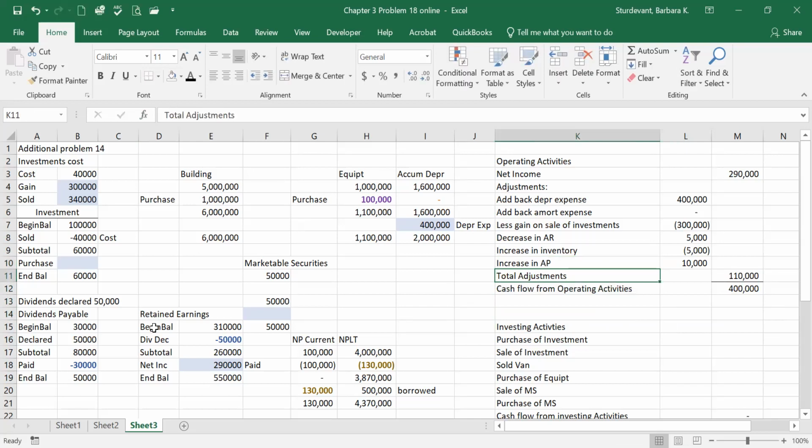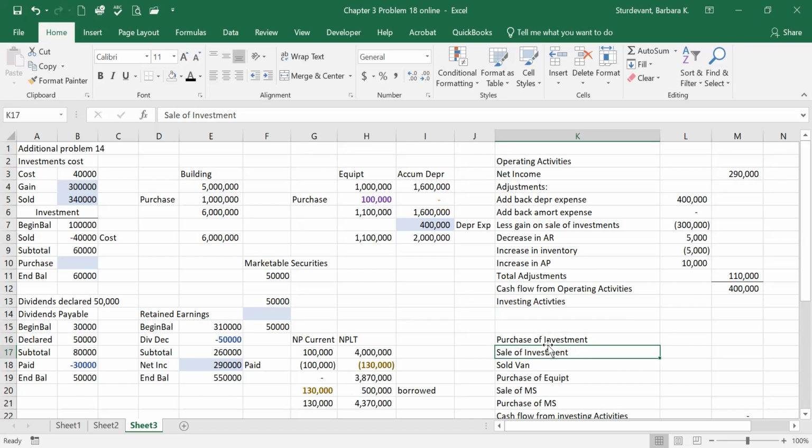Okay, let's go do investing activities. And so what do we have for investing activities? So we've got investments, we've got land, buildings, and equipment. We would have had a purchase of buildings, a purchase of equipment, and then a sale and a purchase of investments.